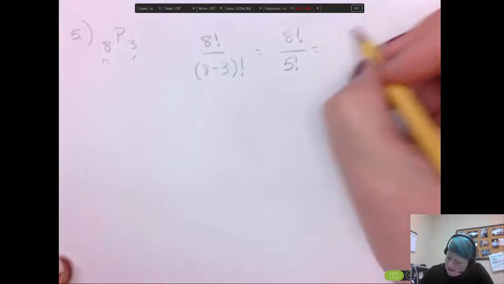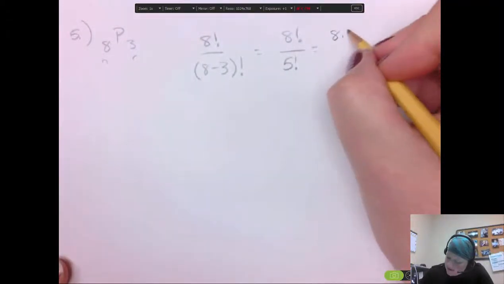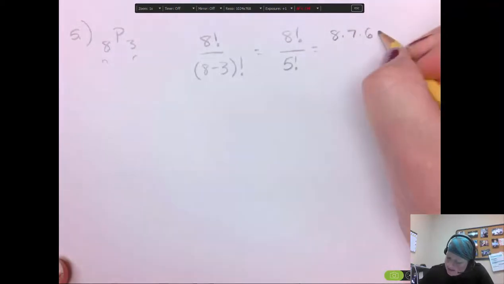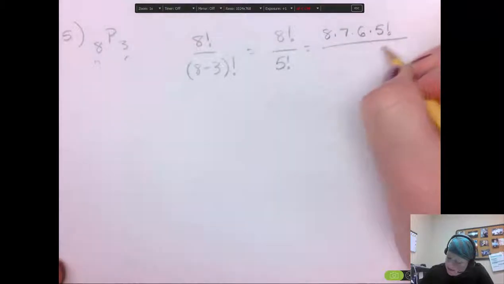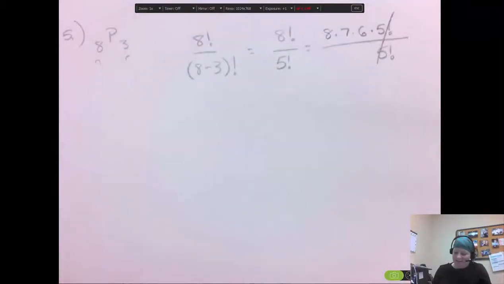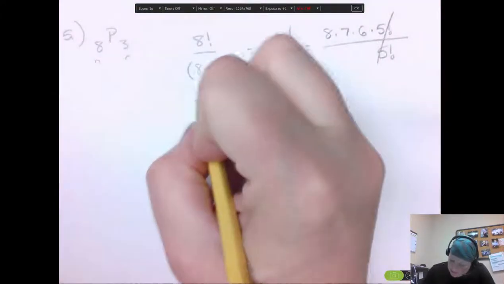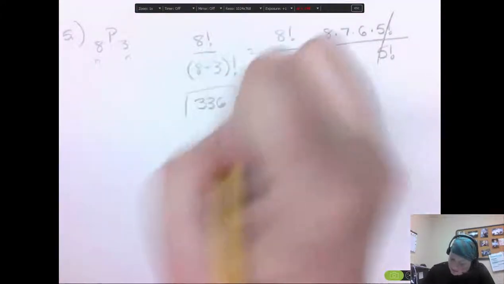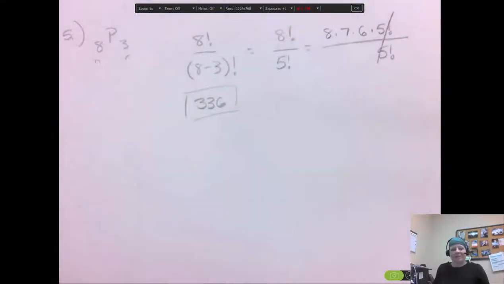So if you think 8 times 7 times 6 times, and then it'd be 5 factorial for the end, right? 5 factorial. So these would cancel, and you'd have 8 times 7 times 6, which is 336 total ways to pick those. Okay, that's a lot of people or a lot of ways.